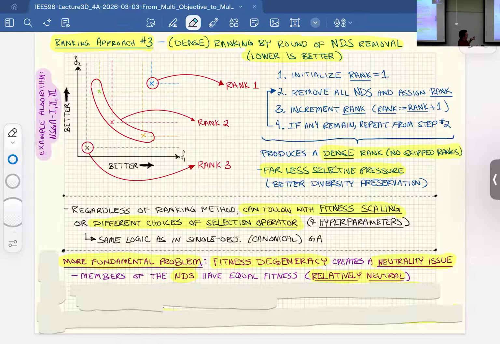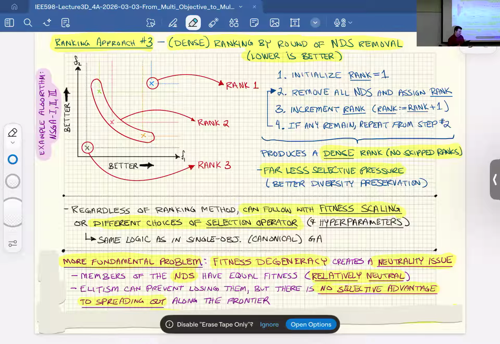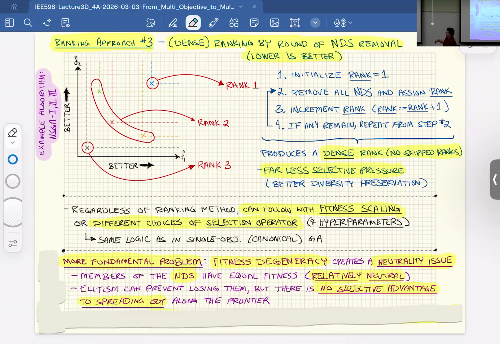Members of the non-dominated set that have equal fitness are relatively neutral, and that could create an issue with drift if you're using a very drifty selection operator. But in general, it doesn't promote any diversity. Drift will collapse them all to a point.